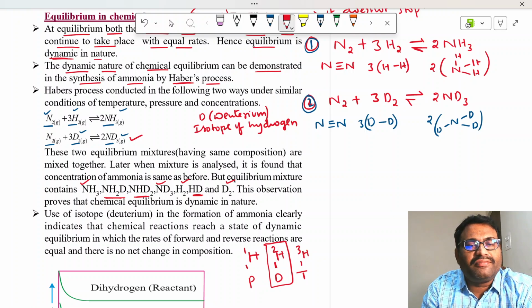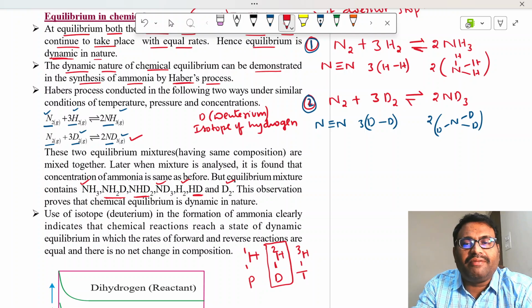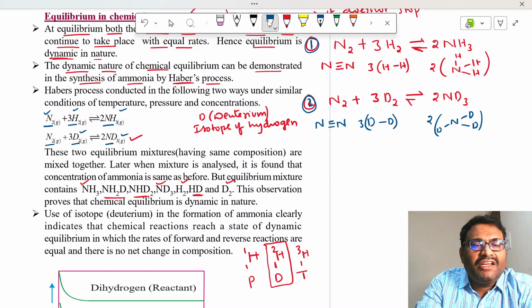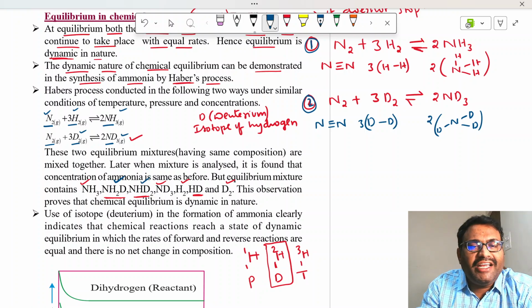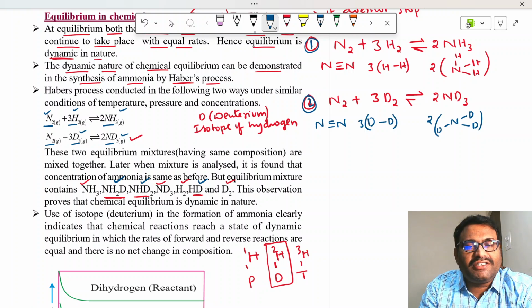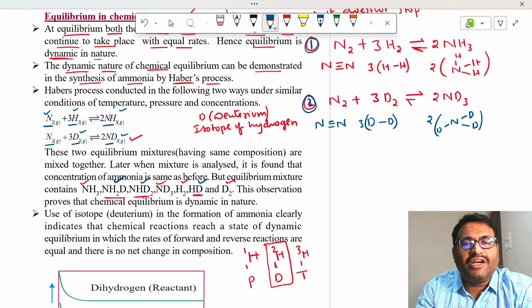If the reaction had stopped at equilibrium, the presence of NH2D, NHD2, HD, such other species in the container shows that the reaction has not stopped. Both the forward reaction and the backward reaction are continuing to take place.